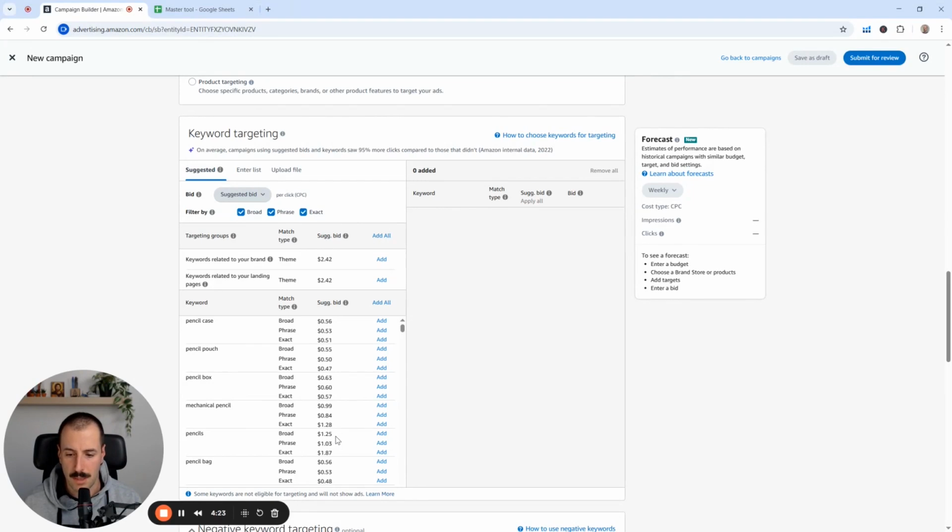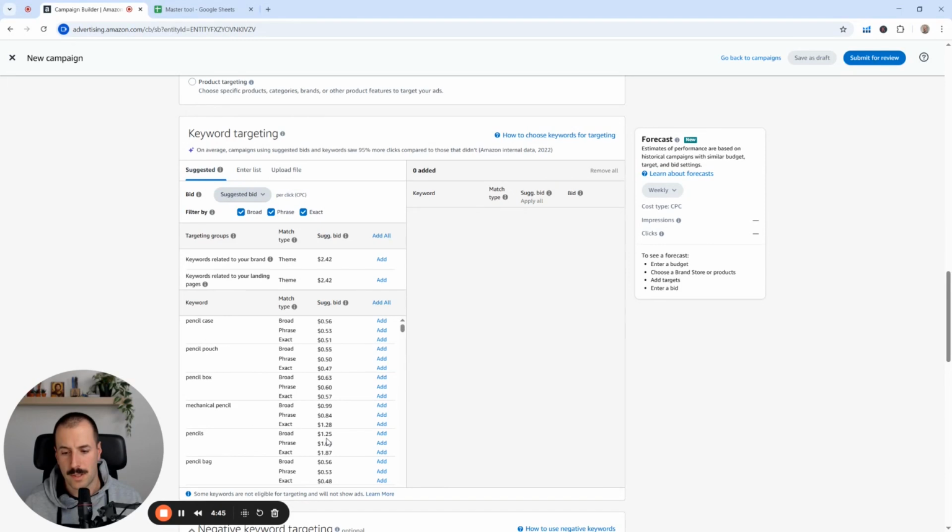match types. So here we have a situation where for phrase match, Amazon is suggesting a lower starting bid, while on broad it's higher, which for some accounts perfectly makes sense, but for some it clearly doesn't.